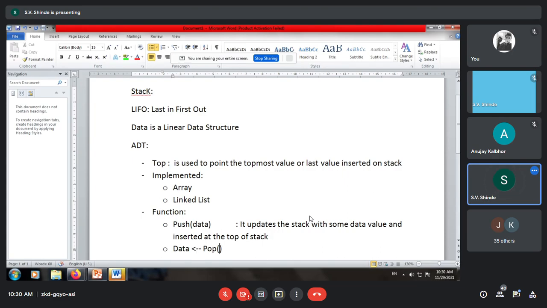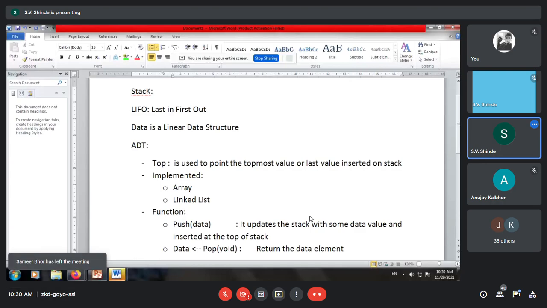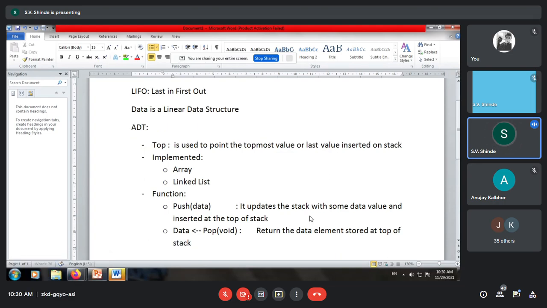No input to the pop function, therefore we say it is void. So over here, pop returns the data element at the top of the stack. So these are the functions.